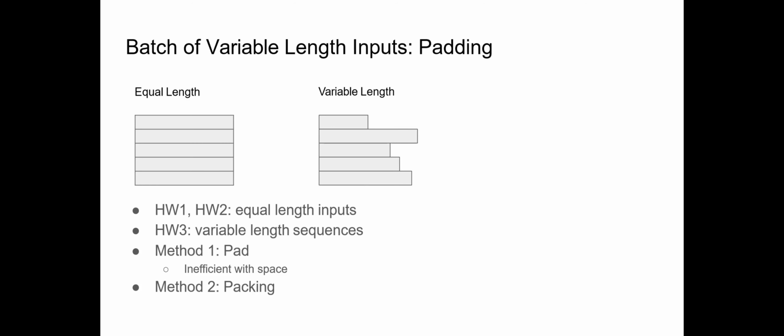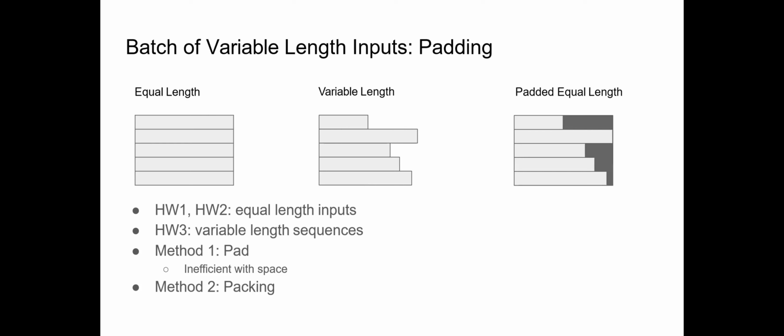So the first thing that may come to our mind is padding. Padding means we are just concatenating zeros, getting the maximum length, and padding zeros so that we get this rectangular shape, and we get the input size.